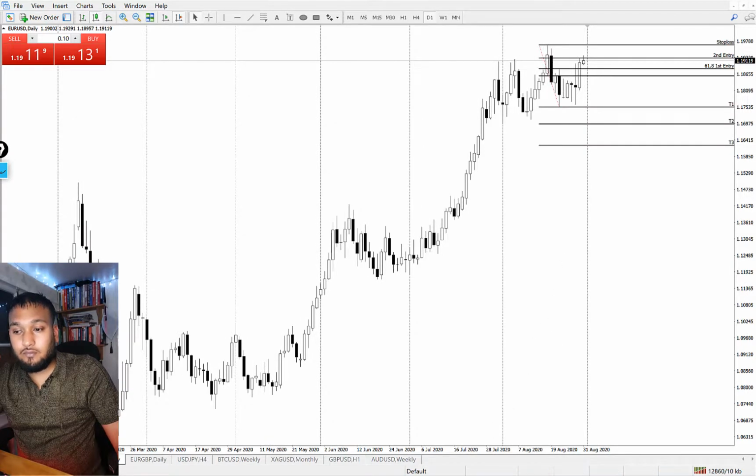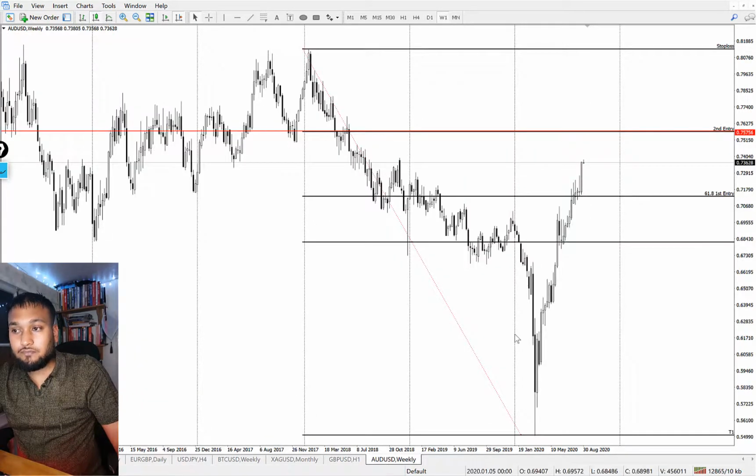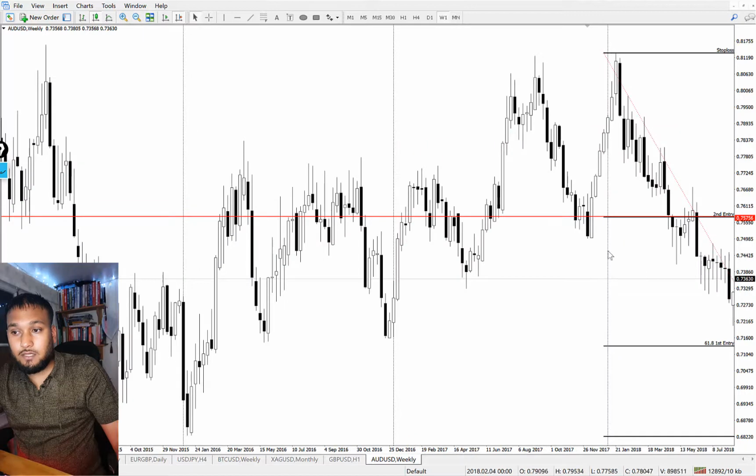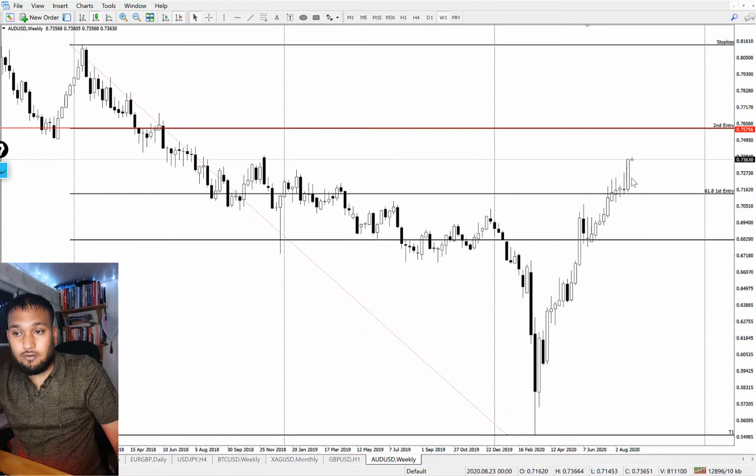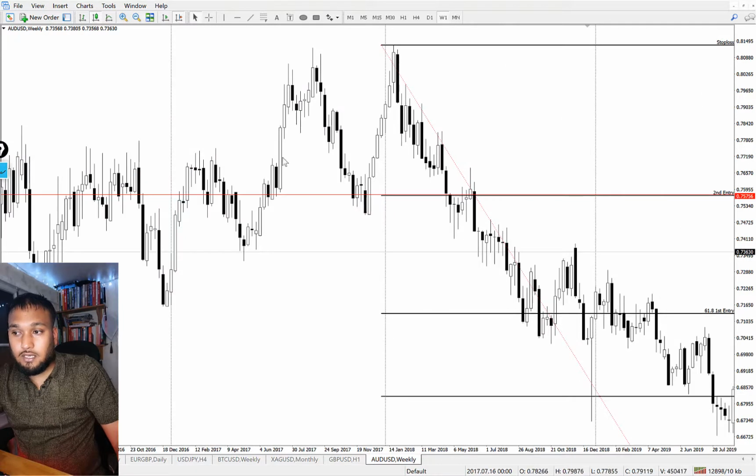All right, Aussie dollar, last week's candle pretty strong. Okay, it might be just because if we look at this one candle, let's see if we can find something similar in the past. Okay, right here. Look at this candle, and then look at this candle, very similar.